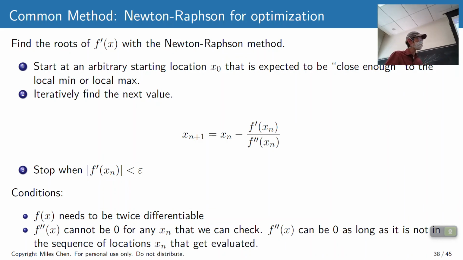Take your slope divided by the second derivative, and for this to work, your function needs to be twice differentiable, and the second derivative cannot be 0 in any of the locations that we're checking in our sequence.